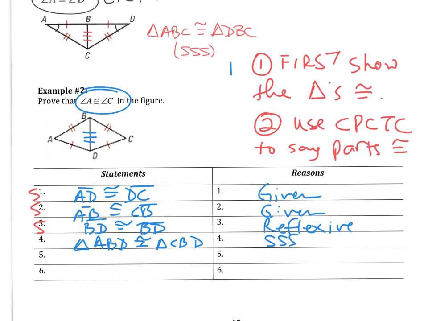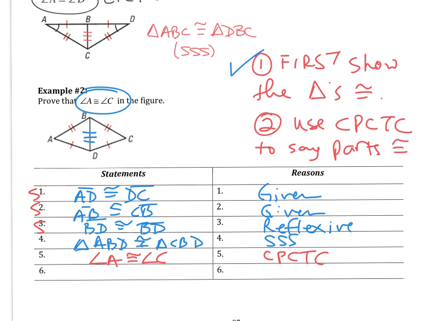So I've done step 1. I showed the triangles are congruent. My very next line is going to be angle A is congruent to angle C because of, very good, you got it, CPCTC. So it's really the same stuff we've been doing, just one extra line, okay? That's it, okay? All right?